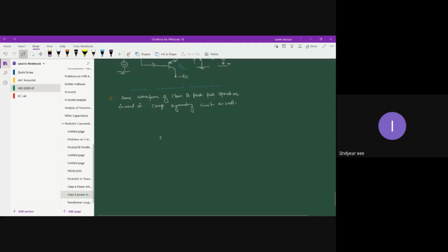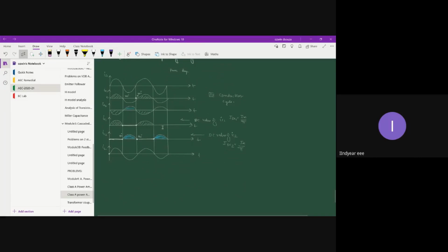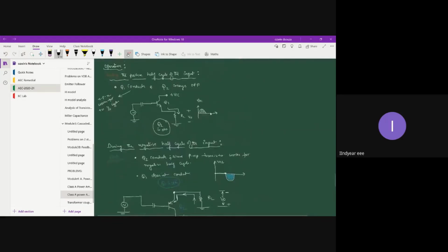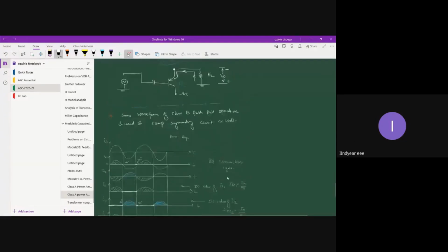So I have just copy pasted. All right, so that's about the operation. See, look at the voltage, positive pulse and negative pulse. Basically you will have a rectified collector waveform. So that completes your class B operation.